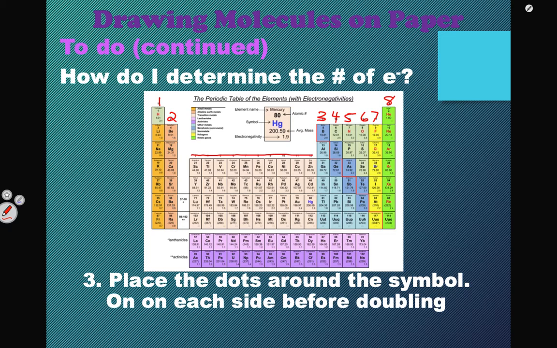Yes, sir? How do you find the valence electrons of the middle ones? It's a great question. We'll go over that later. It'll namely be off of the charge.